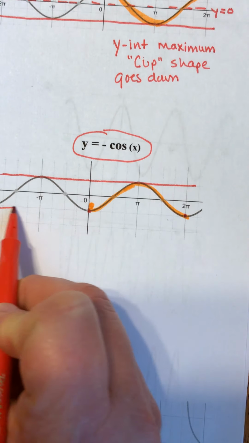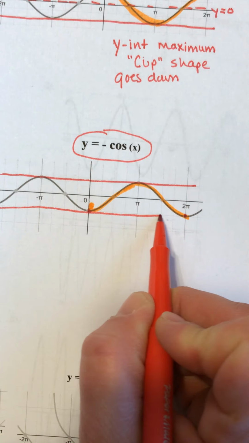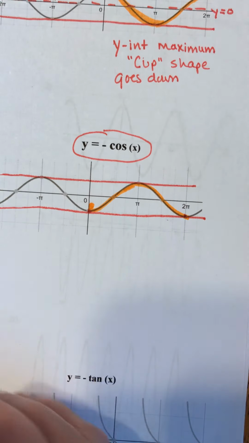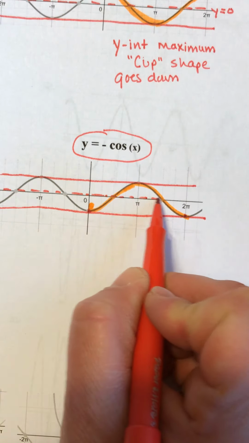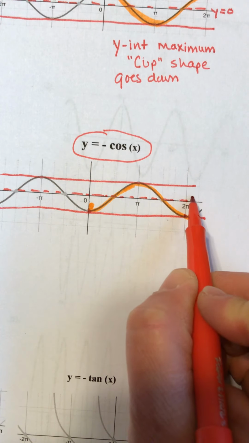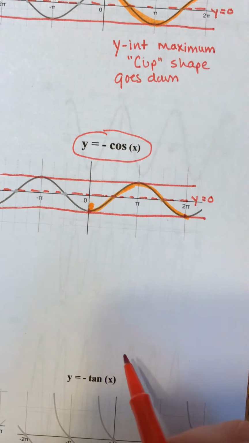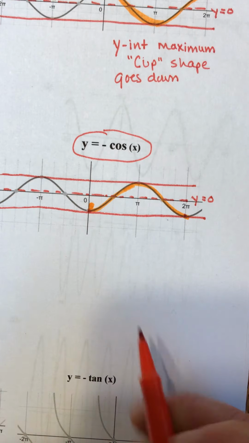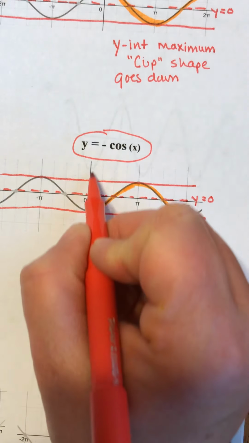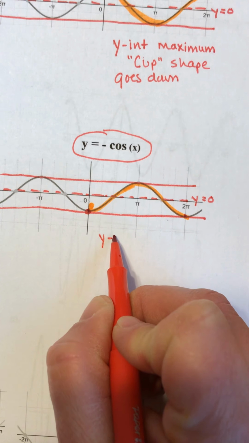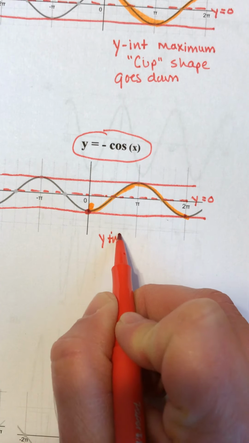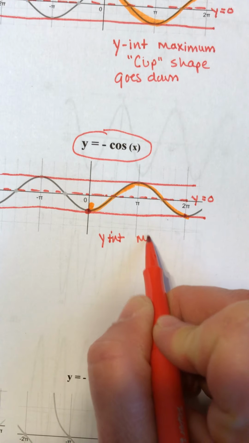But let's see the midline on this one. We always want to find the midline so we know if it's starting at the midline, the maximum, or the minimum. The midline on this basic negative cosine graph is the x-axis, or y equals 0. There's my y-axis right here. It is starting at the minimum, so my y-intercept is at the minimum.